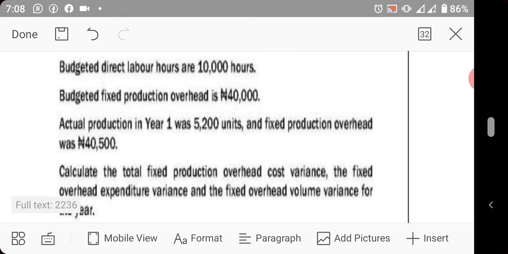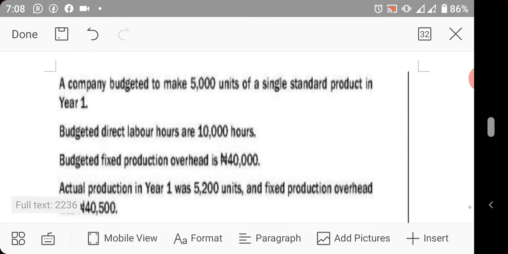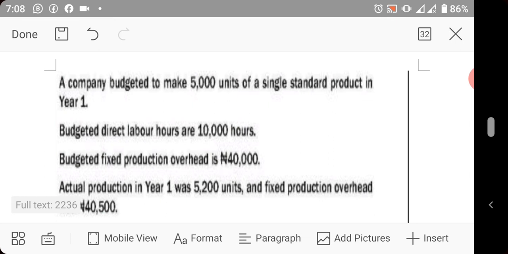So let's look at it. How do we get the standard rate? They say budgeted direct labor hours are 10,000 hours, and budgeted fixed production overhead is 40,000. So this will give us the standard rate, which will be 40,000 naira divided by 10,000 hours. That will give us 4 naira.